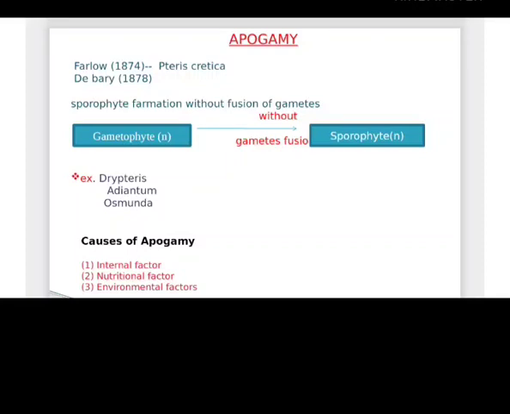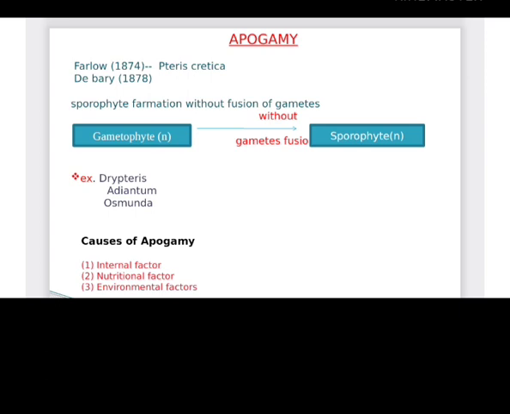Now apogamy. The term apogamy was given by Farlow in 1874 and De Bary in 1878. Apogamy is sporophyte formation without fusion of gametes, and it is caused by internal factors, nutritional factors and environmental factors. You can see here the gametophyte forming a sporophyte without gamete fusion.